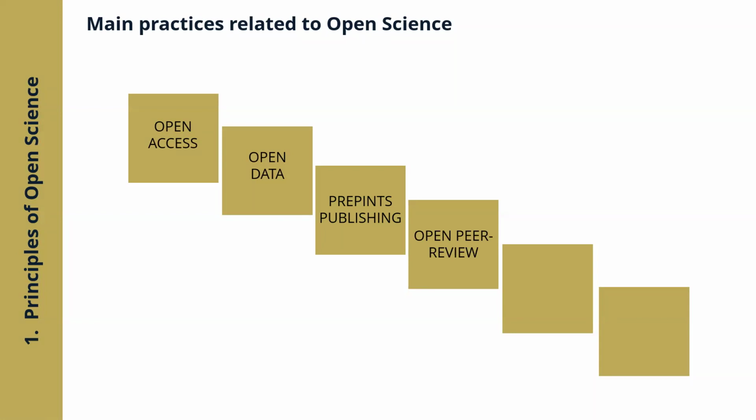Then we have the open peer review. This is a more transparent approach to the traditional peer review process. In this case, it is characterized by the openness and visibility of different aspects of the peer review. The traditional one is typically anonymous and confidential. In the open peer review, we enhance transparency and accountability, also engagement in the evaluation of scientific research.